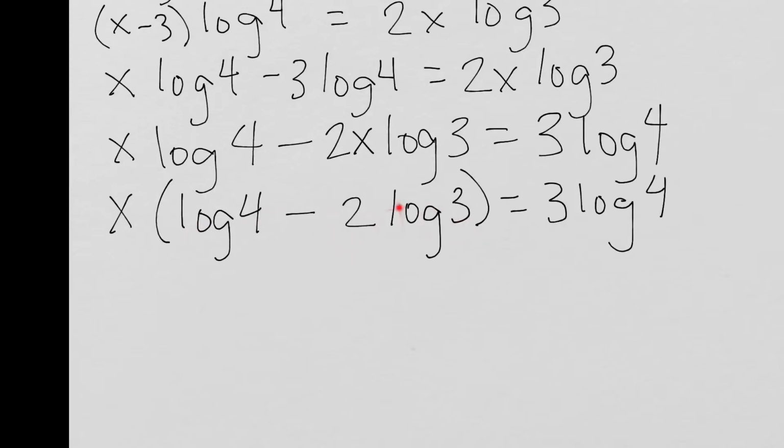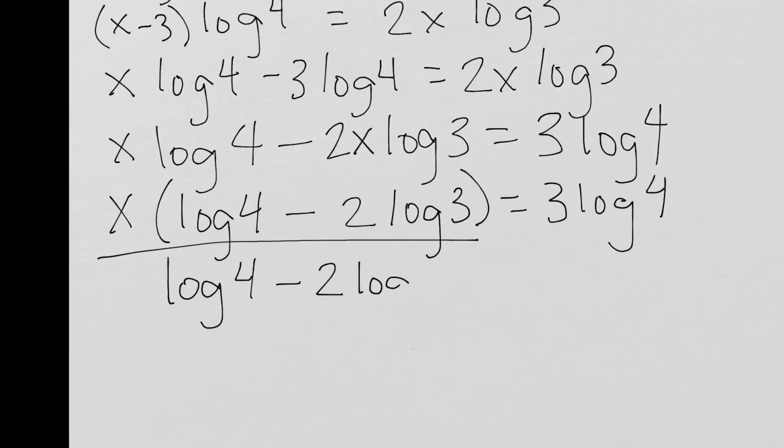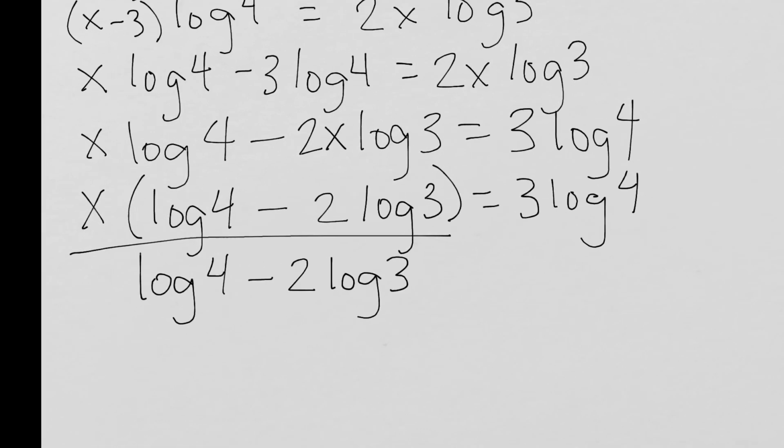Now that I have my x factored out, I want to take the binomial, these two terms that are being multiplied times x, and I want to divide both sides by that binomial. So I'm going to divide the left-hand side by log 4 minus 2 log 3. And what I do to one side, I have to do to the other.